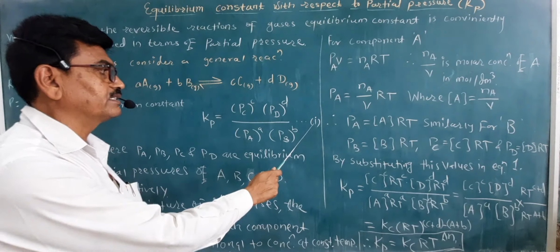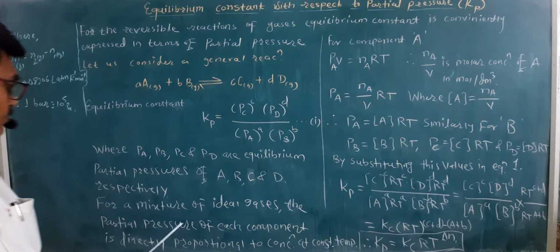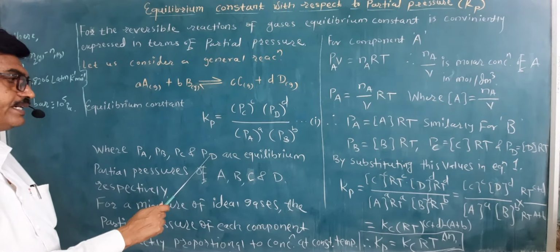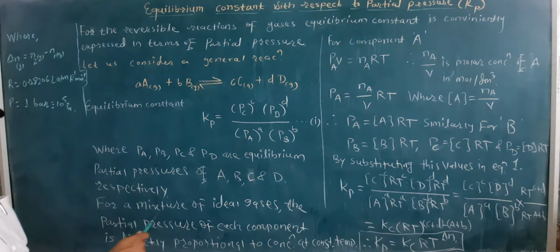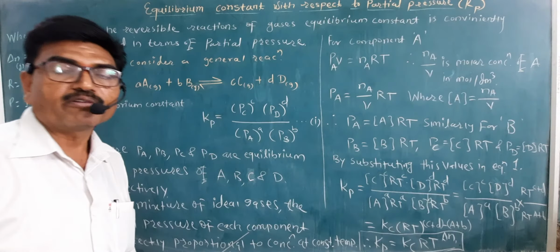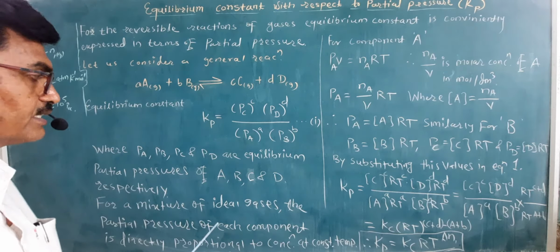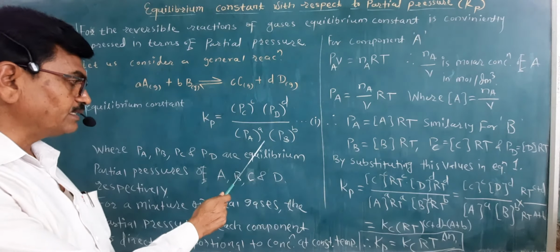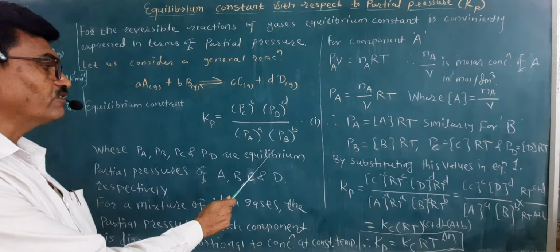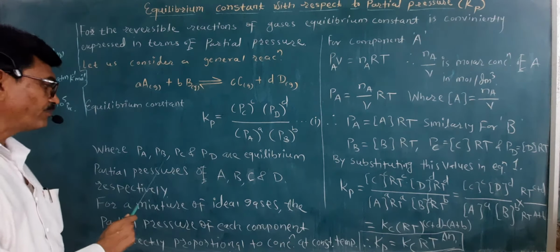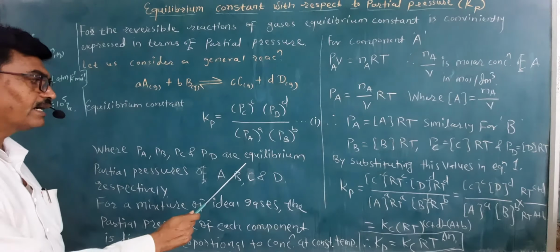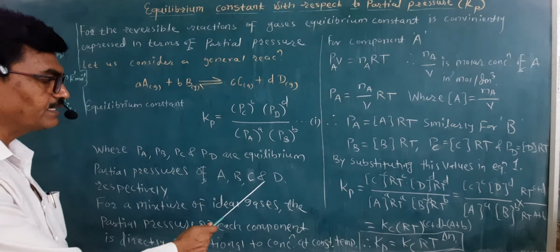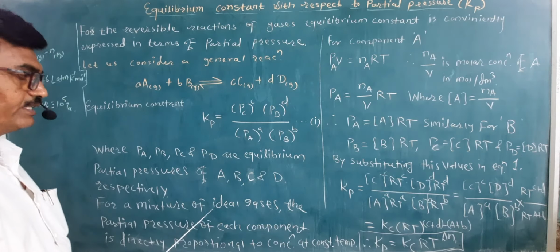Let us consider this is equation number 1, where PA, PB, PC and PD are equilibrium partial pressures, in a similar way as the equilibrium concentrations. These are the partial pressures at the equilibrium stage, where PA, PB, PC and PD are equilibrium partial pressures of A, B, C and D respectively.